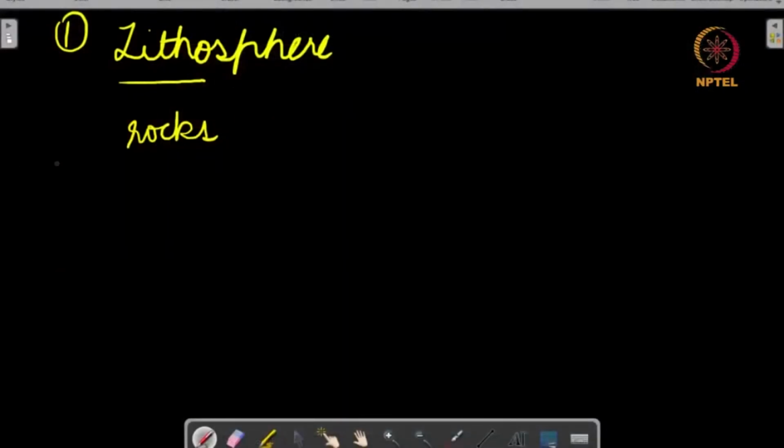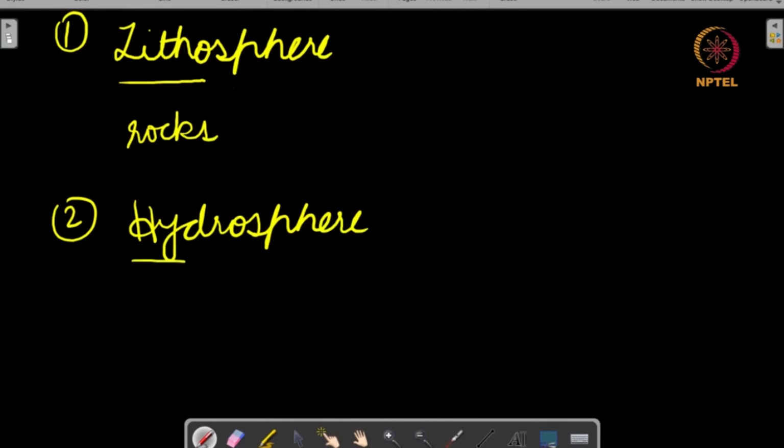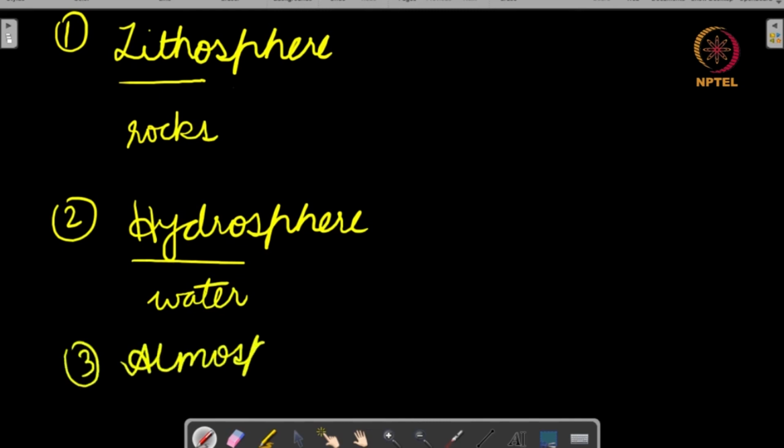Along with lithosphere, we also have the hydrosphere, where hydros is water. So this is the watery sphere or the liquid sphere. And we also have the atmosphere, which is the gaseous sphere or the airy sphere.